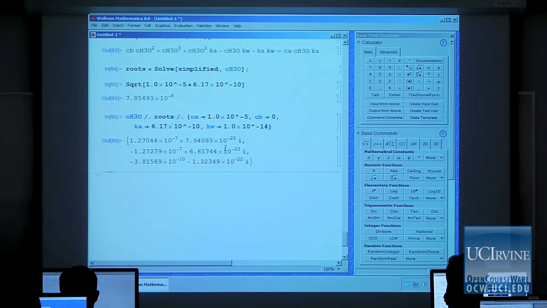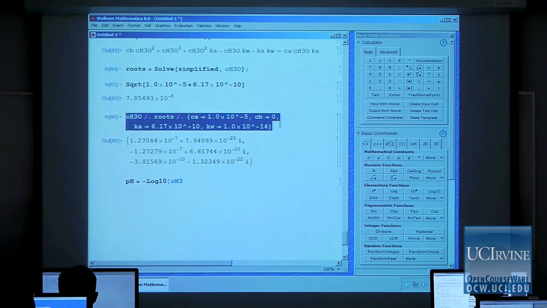So let's go ahead and do the pH equals minus log 10 of CH3. Well, let's just go ahead and put all this stuff in there.